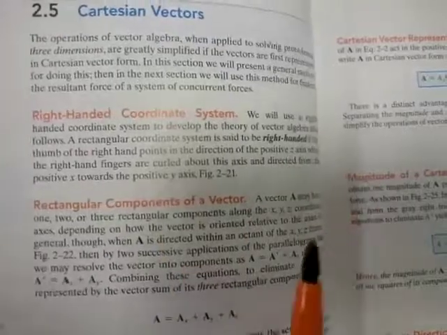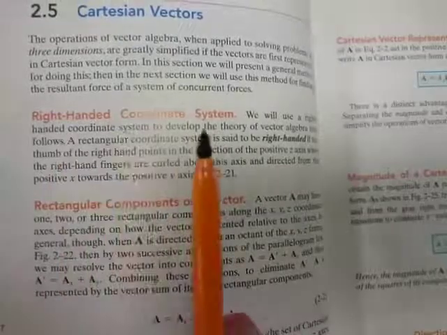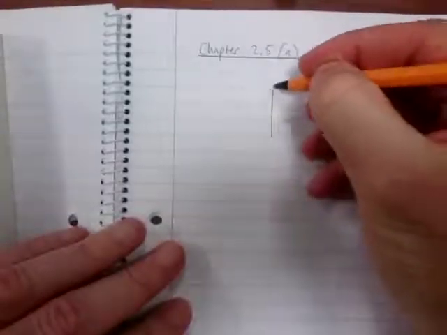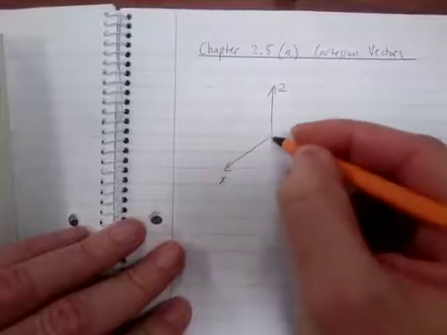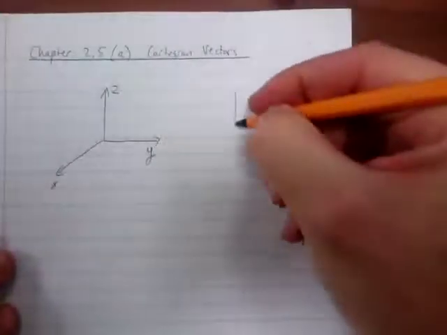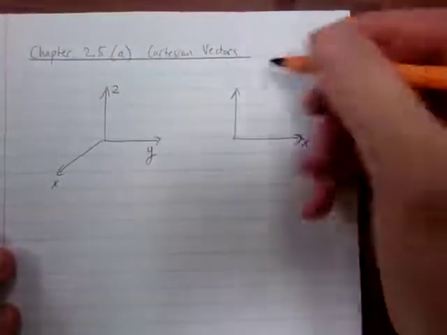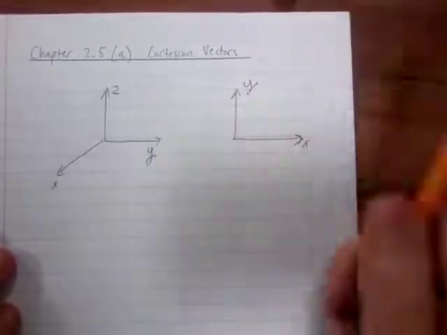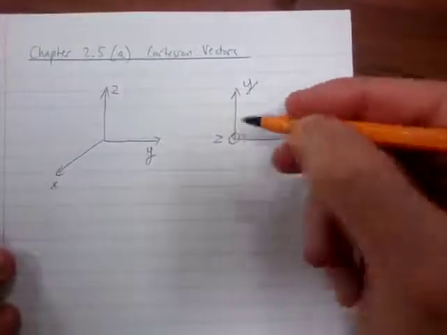So just to go over this quickly, we use a right-handed coordinate system. That simply means that that is our z direction, that's our x direction, and that's our y. If you recall, in 2 dimensions, often we represent it in this way, x and y, and then z would be coming out of the page.